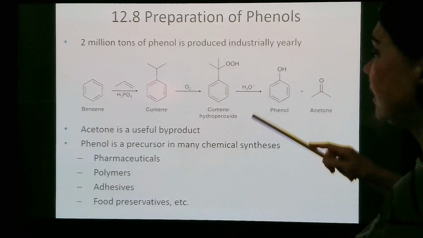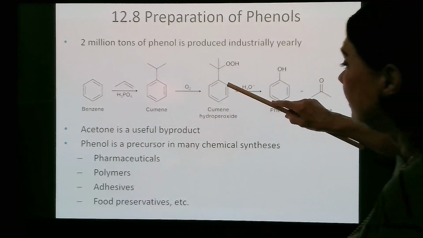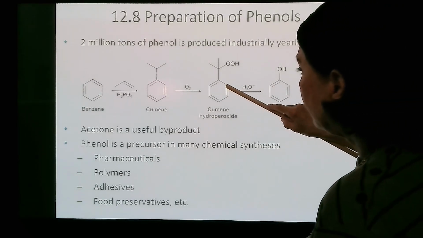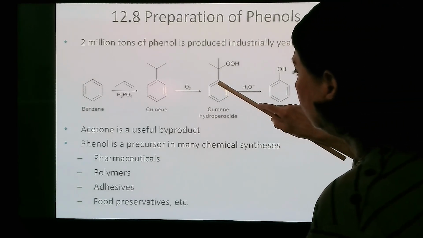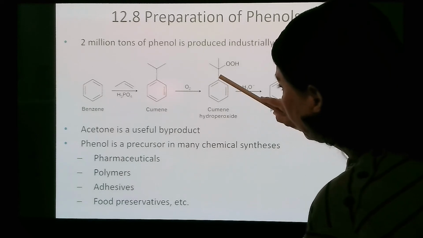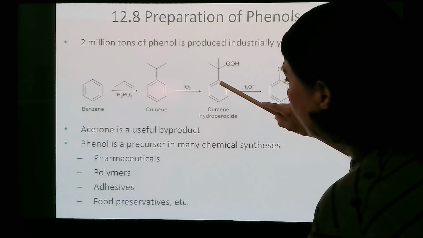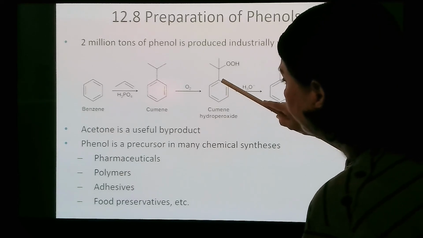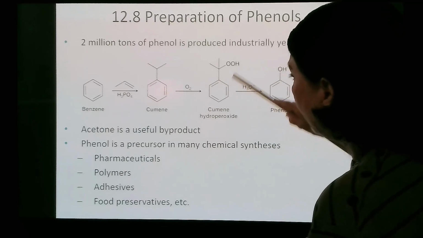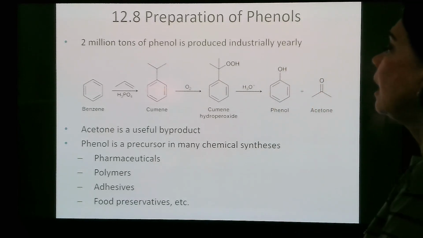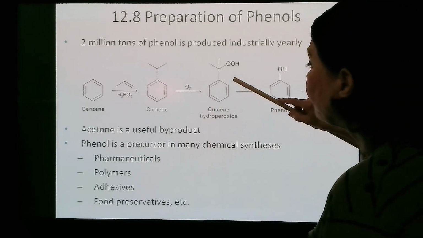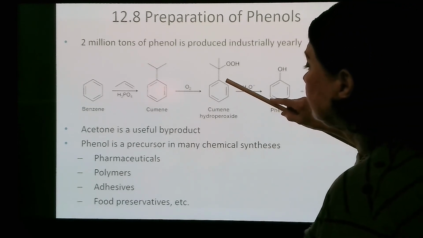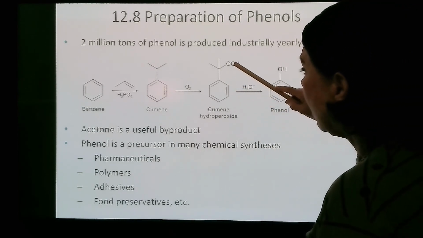So what happens is a pair of electrons, it's actually the pair of electrons in the pi bond between these two carbon atoms on the side of that peroxy group, attacks this oxygen.